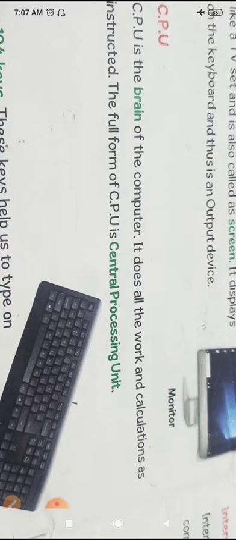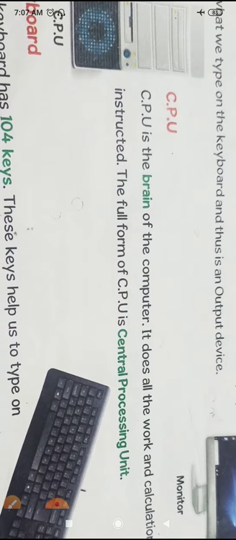It does all the work and calculations as instructed. Whatever instructions you give with the help of your keyboard, mouse, or other devices, all the work and calculations get processed, and the CPU gives you the output.